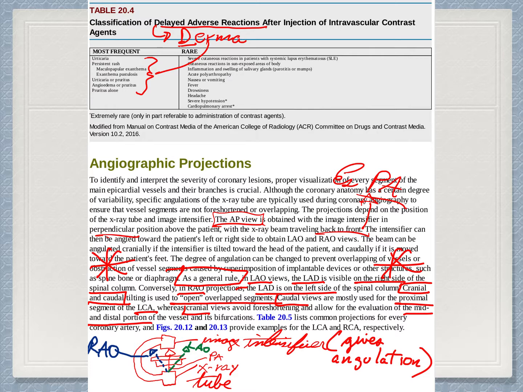If the image intensifier is on the right, it's an RAO, right anterior oblique. If it's on the left of the patient, it's a LAO, left anterior oblique. If it's cranially, it's cranial. If it's caudal towards the feet of the patient, it's caudal.